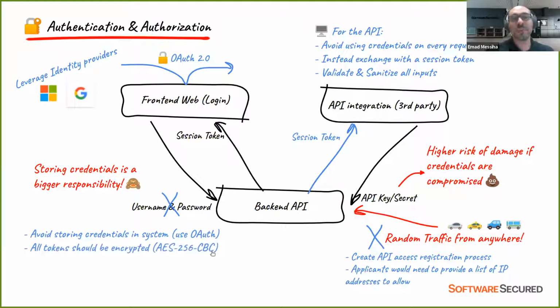Also, we have to understand that the fact that we have a session token does not necessarily mean it's secure. The session token itself has to be encrypted, and we have to use a strong encryption algorithm, not just any hashing algorithm. An example of one of the strong ones today is AES 256 CBC, so this is probably what we would recommend.